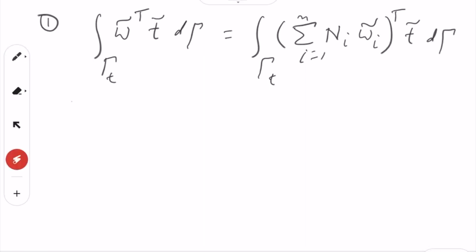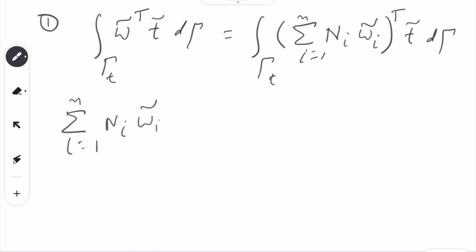We want to write this, sum over I equal to 1 to n of N_I w_I tilde. We have something like this.